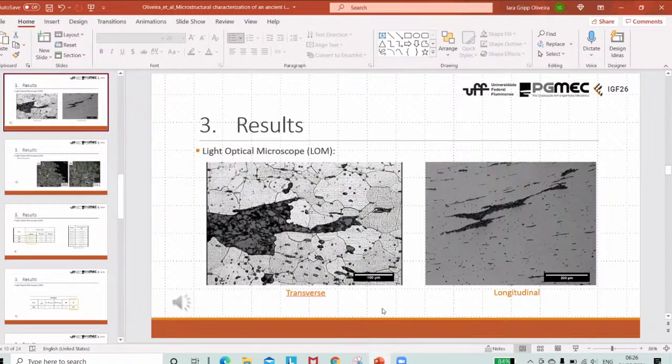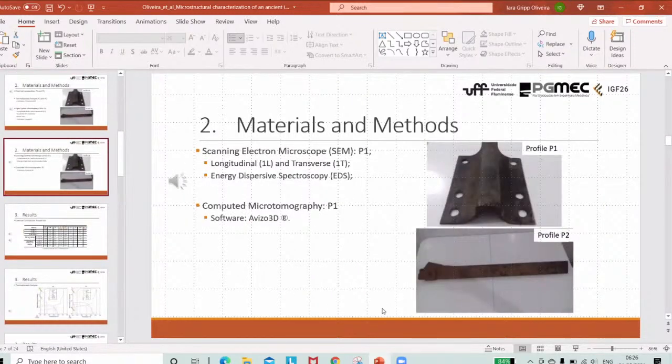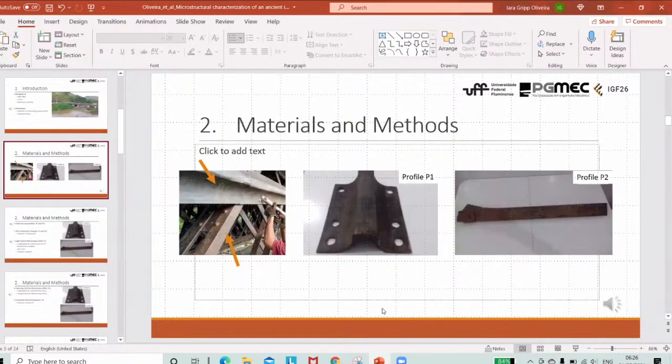Have you seen any real damage on the bridge? Sorry, did you see any damage on the bridge, actual damage? No. In fact, we received this material to study because the bridge was under some repair process. So we received this material to understand and have more knowledge about it to carry out those repairs.